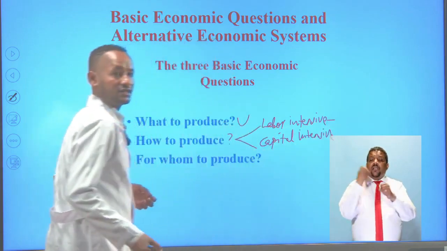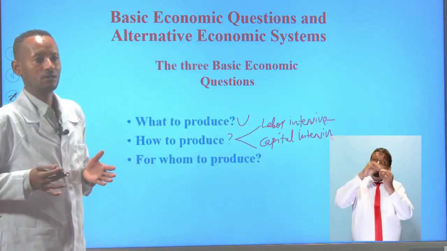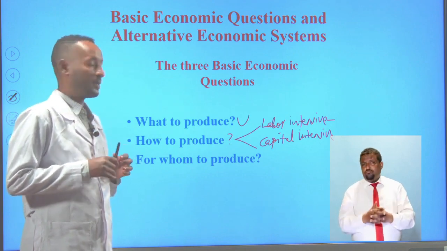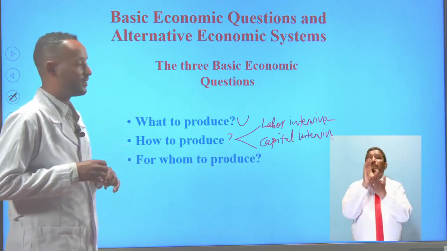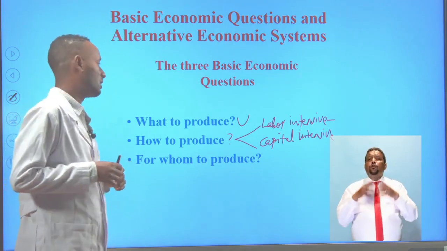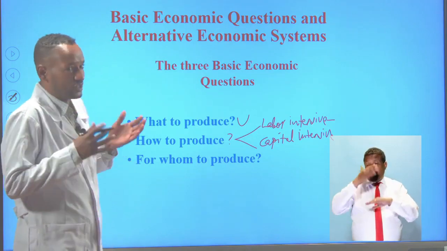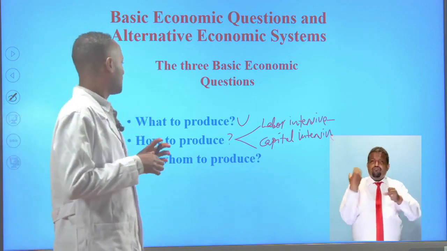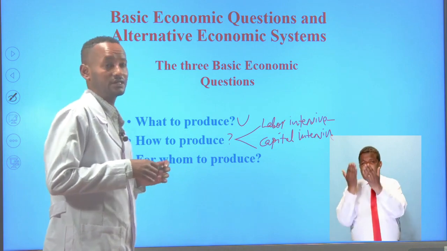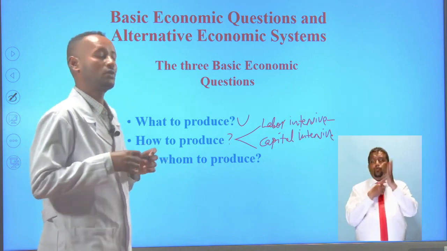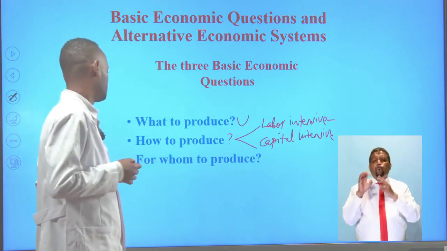Labor intensive is the use of more labor than capital, machineries or equipment, and capital intensive is the use of more machineries and equipment than labor. So shall we produce using the labor intensive production technique or the capital intensive production technique? This is the second question. It addresses the problem of choice of technology.